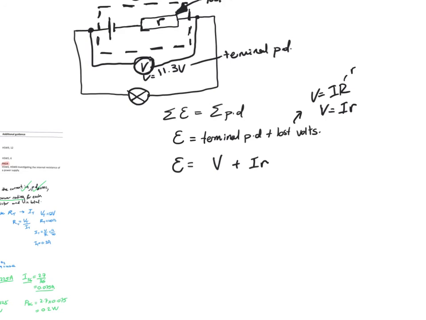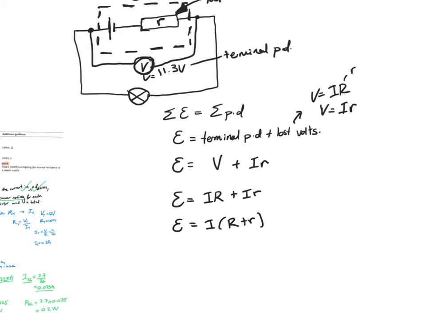And also for the terminal potential difference, I can rewrite it as capital I, capital R, plus Ir, and then I can take I as a common factor. So I have a lot of expressions that I can use depending on what I'm given and depending on what I need to use. The same combination of resistance applies to internal resistances too.